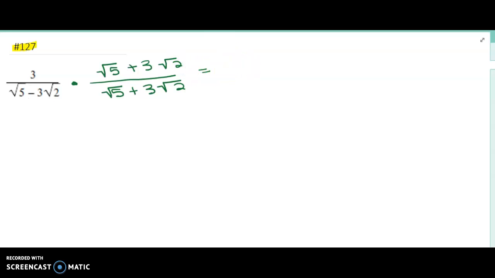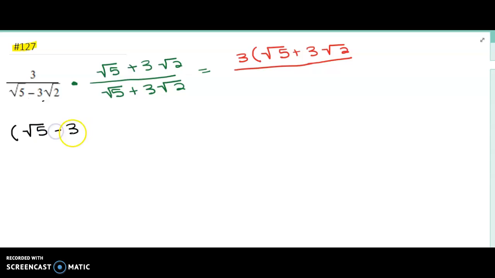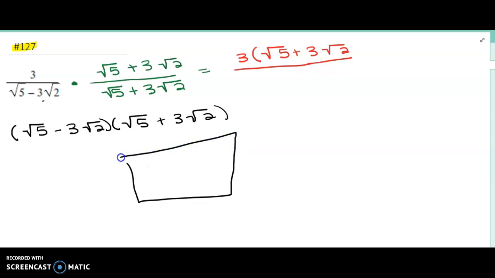Now the top then's easy, 3 times square root of 5 plus 3 square root of 2 over, now the bottom, I'm going to have to multiply these together, and when I do that, I have to put them in parentheses. So square root of 5 minus 3 square root of 2 times square root of 5 plus 3 square root of 2. Once again, I prefer the box method, so that's what I'm using.